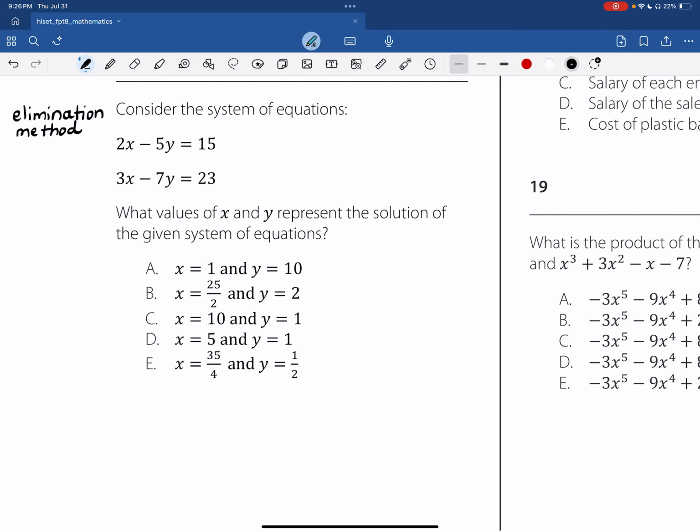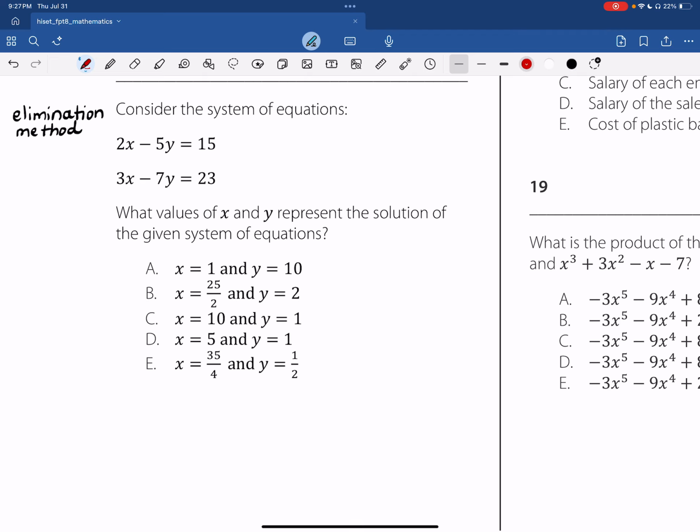I want to be able to cancel my x terms. And I know that I have a 2x and a 3x, so the common multiple of those is a 6. You could use a 12, you could use a 24, but I'm going to use the lowest common denominator kind of idea.